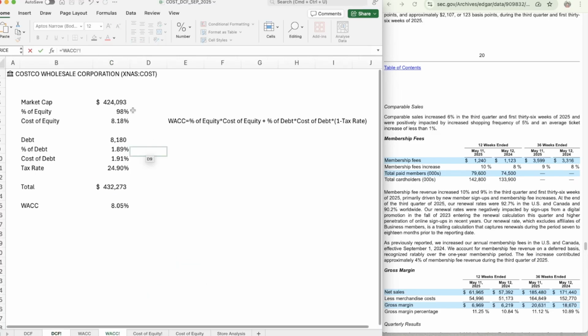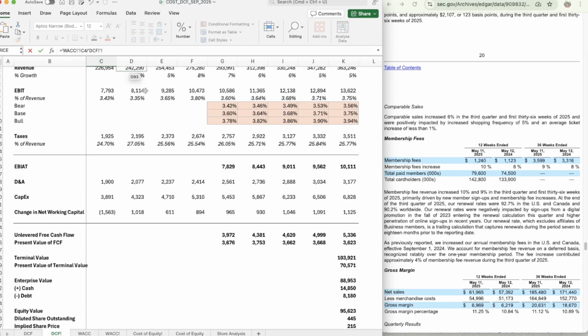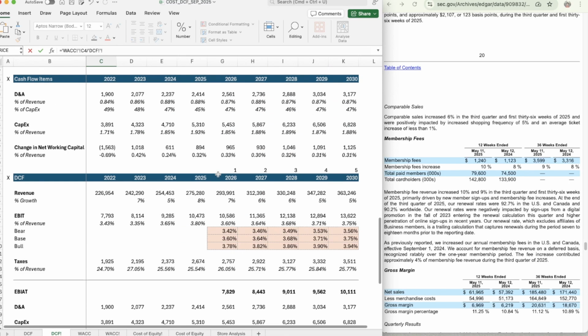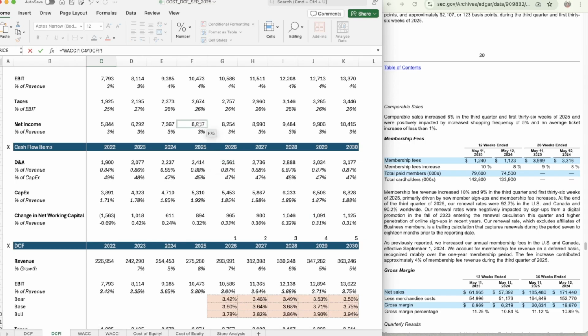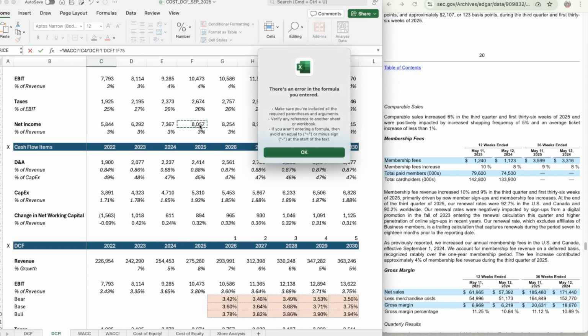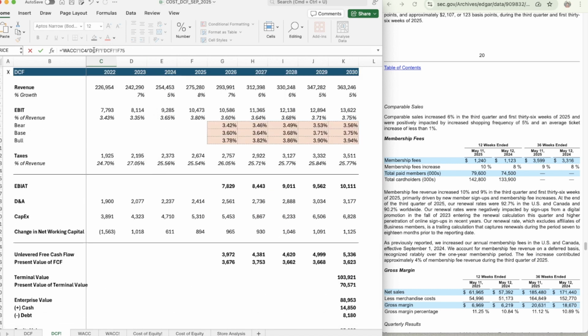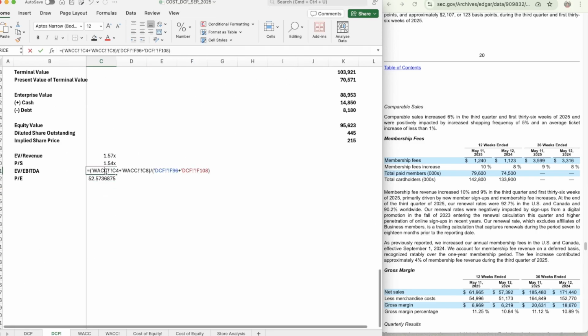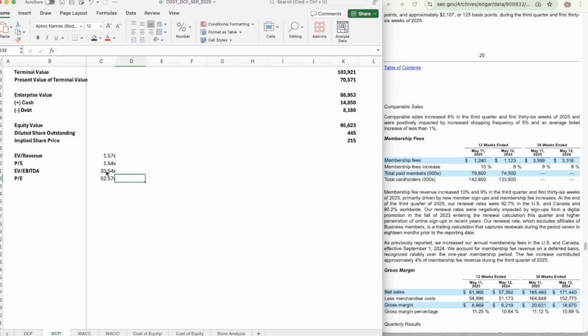The PE ratio is market cap divided by, where is it? We want net income. But yeah, again, look, it's 52 times earnings, and that's for the current.